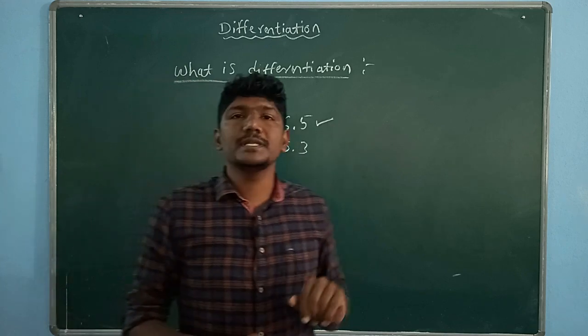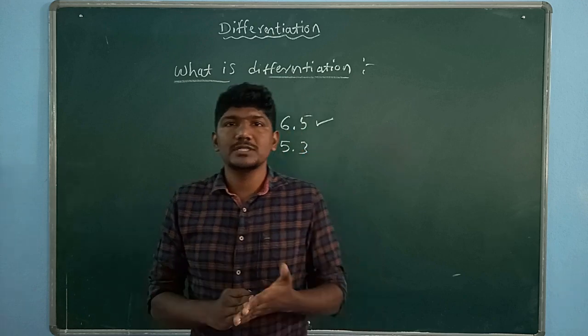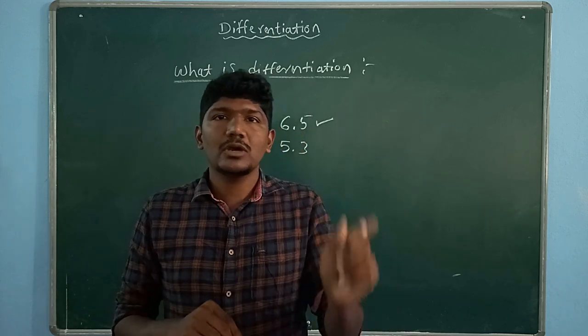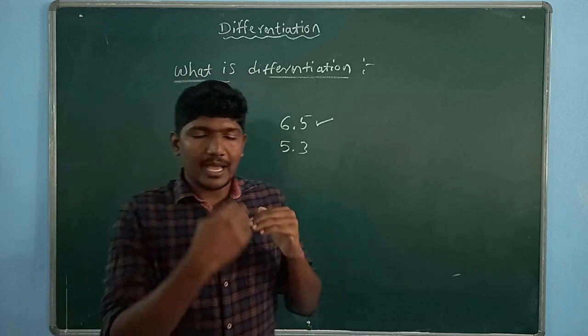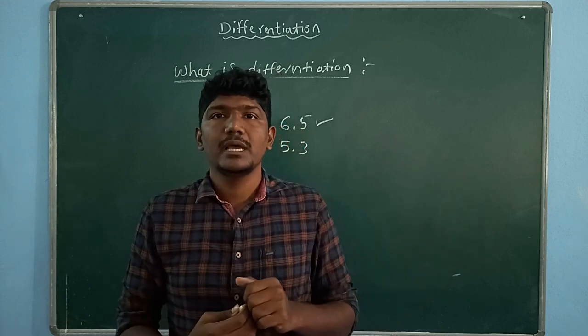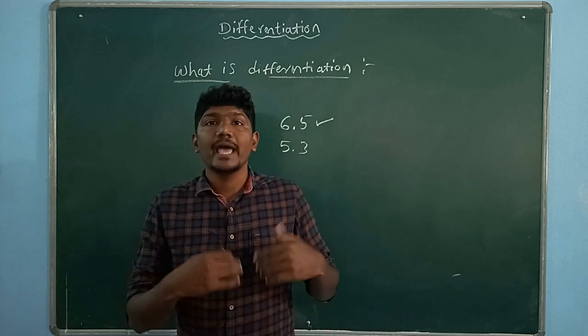Similarly in physics, we have quantities like velocity and acceleration. Velocity depends on displacement or change in position. As position changes with respect to time, we get velocity. And change in velocity with respect to time is called acceleration.